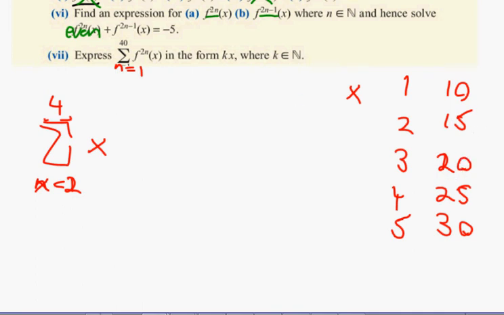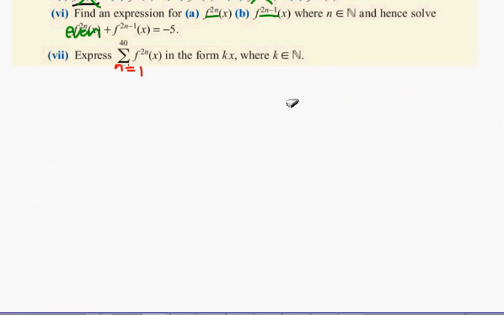So lads, look at this. This means out of the first 40, n is 40, okay? So if n is 40 and you're starting at 1, what does n equals 1 get you? n equals 1 gets you f2, n equals 2 gets you f4. f2 is what? x. f4 is x.